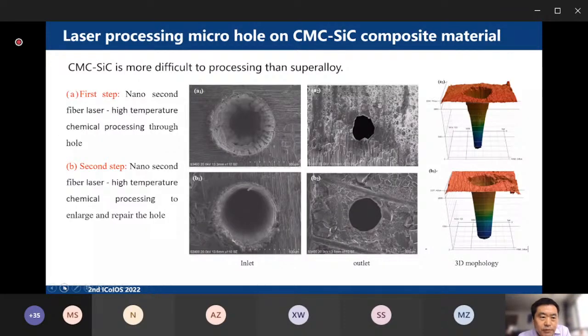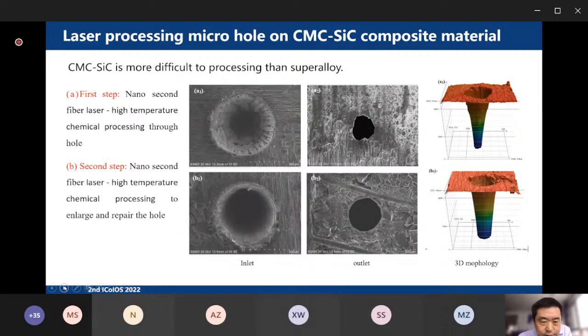This kind of material is not a metal material, so it is more difficult to process than superalloy. We also use a two-step method to drill the microhole: the nanosecond fiber laser high temperature chemical processing makes the through hole. In the second step, we also enlarge the microhole, but it's difficult and the quality is not so good.